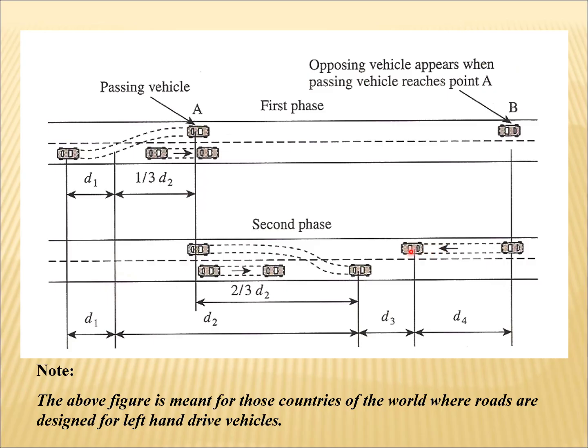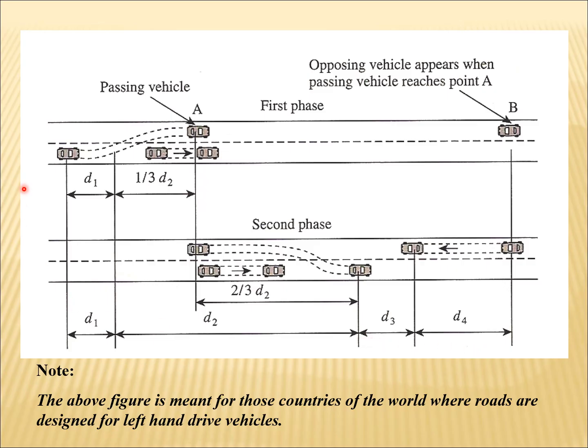So considering the distance from the vehicle coming from the opposite direction, the driver has come back to its original lane. So passing sight distance in this case is equal to the sum of these four distances, d1 plus d2 plus d3 and d4.